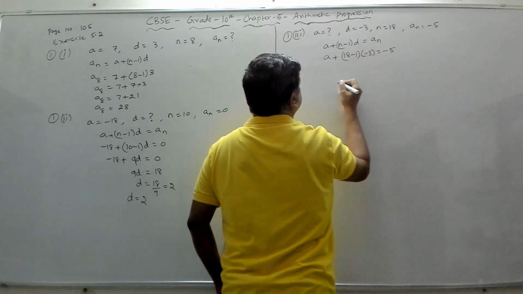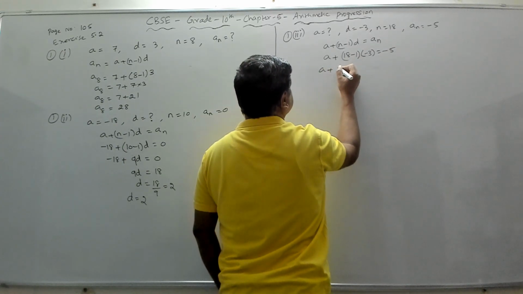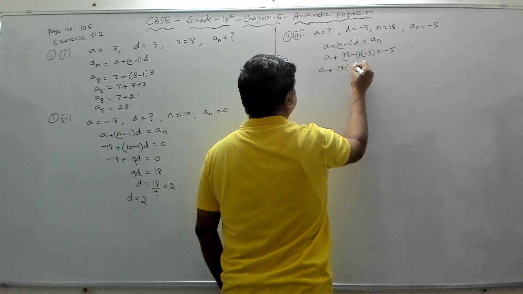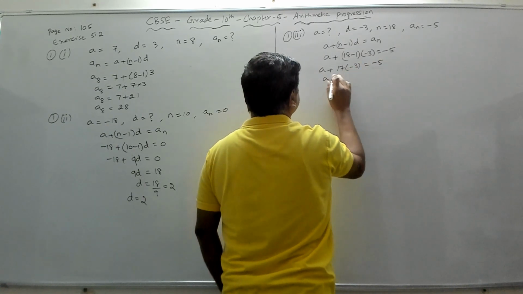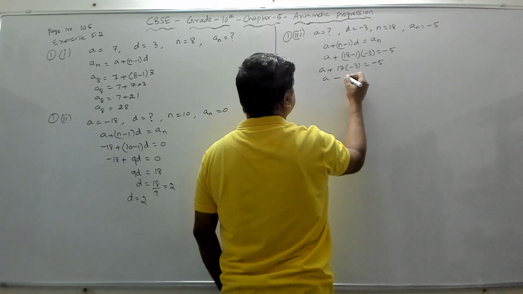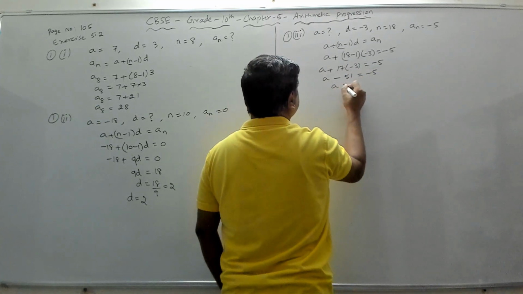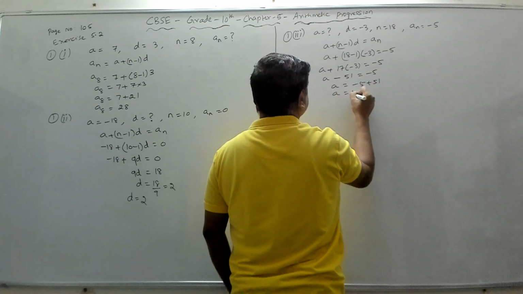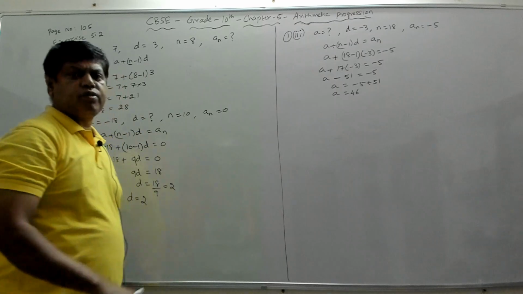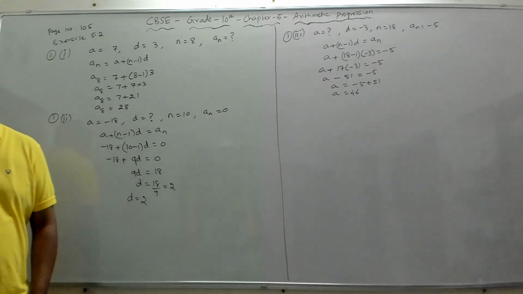If you substitute all of the values, then you get A plus 18 minus 1 is 17 into minus 3 equal to minus 5. So A minus 17 times 3, which is 51, equal to minus 5. So A becomes minus 5 plus 51. So A becomes 46. What is the first term of the AP? It is 46. The value of A is 46.